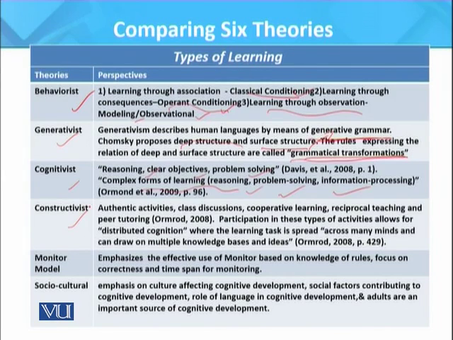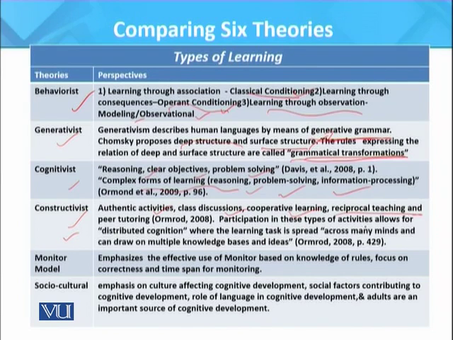Constructivists believe that authentic activities, classroom discussions, cooperative learning, reciprocal teaching, where the teacher assumes the role of a learner and the learner assumes the role of a teacher, and peer tutoring, are the types of learning best explained by this approach.